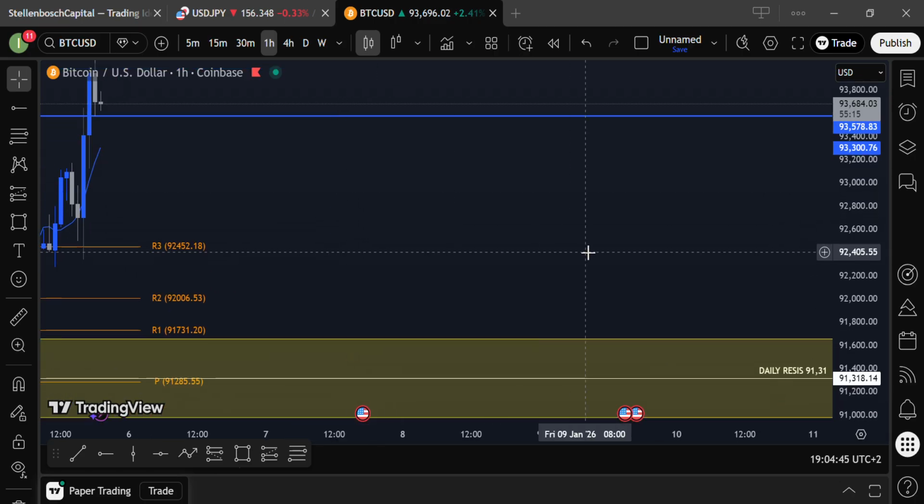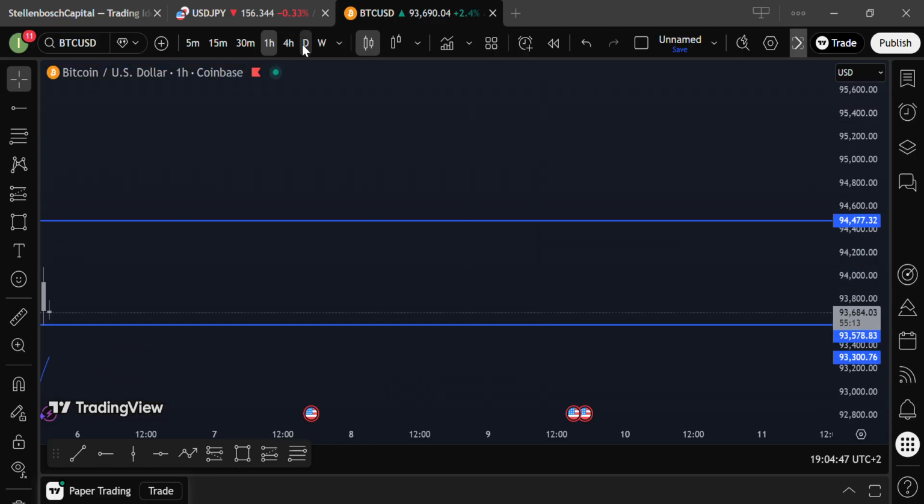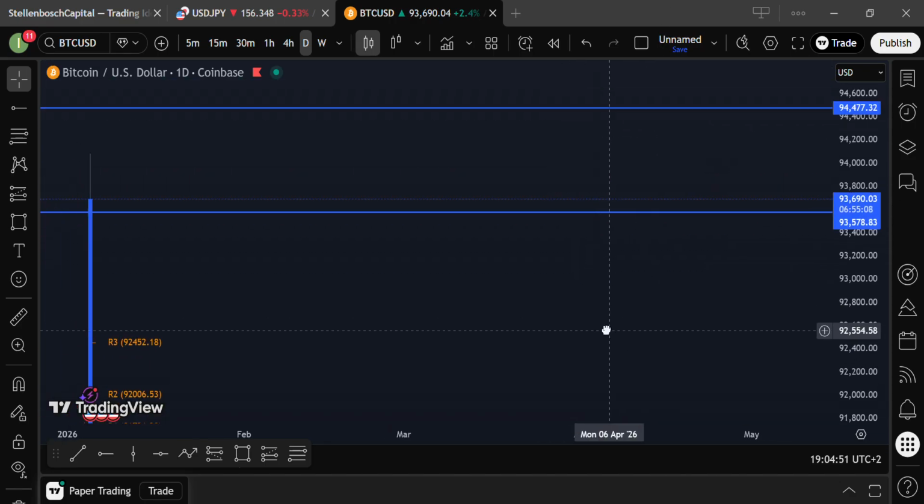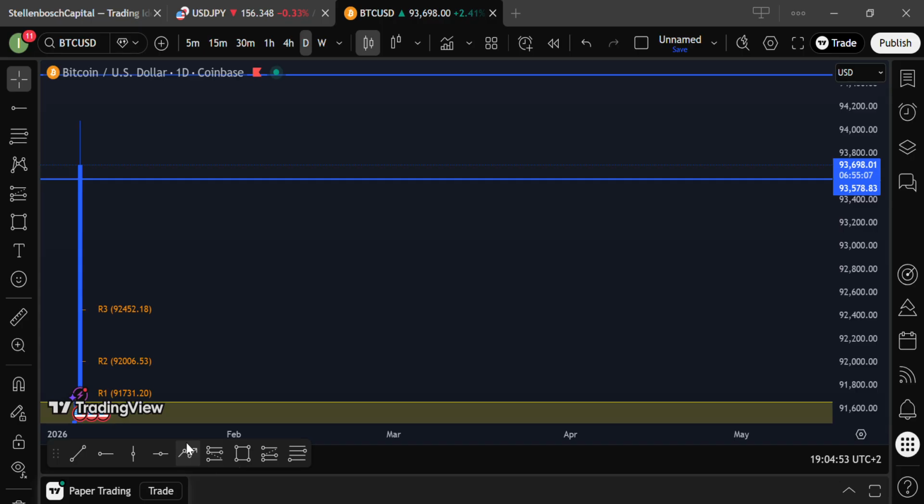So firstly, let me start you guys with market structure, right? When it comes to trading top-down analysis or any type of strategy, you cannot trade without knowing your market structure. What is market structure? Market structure is when you have basically a trend.